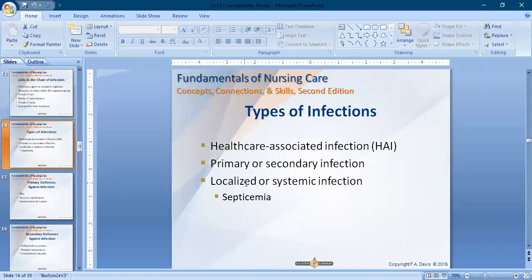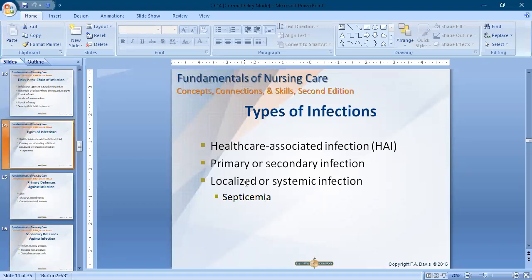When infection attacks you, your WBC, white blood cell, goes up, usually more than 10,000. ESR, erythrocyte sedimentation rate, will go up more than 20.